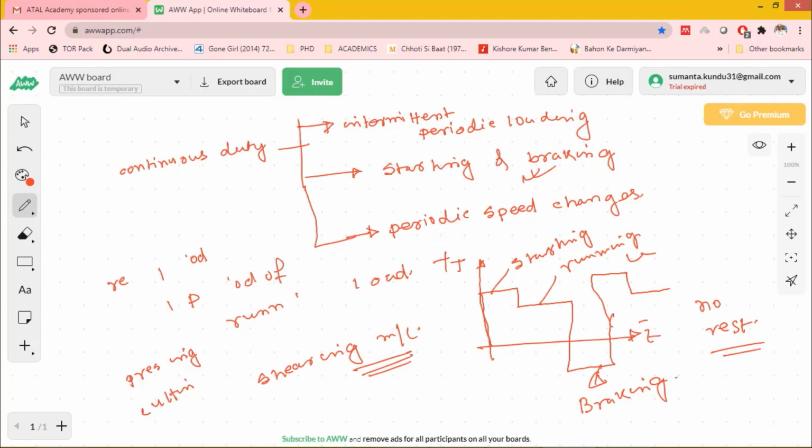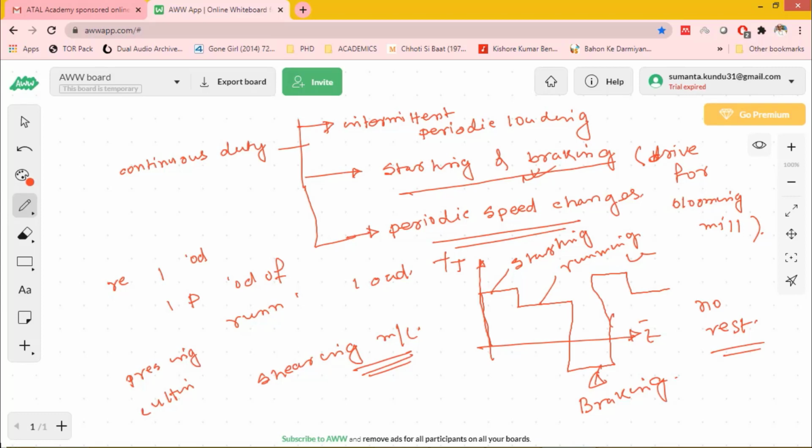So the example of this continuous duty with starting and braking is the drive for blooming mills. Now periodic continuous duty with speed change. As the name suggests, it consists of a periodic duty cycle, each having a period of running at one load and speed, and another period of running at a different speed and load.